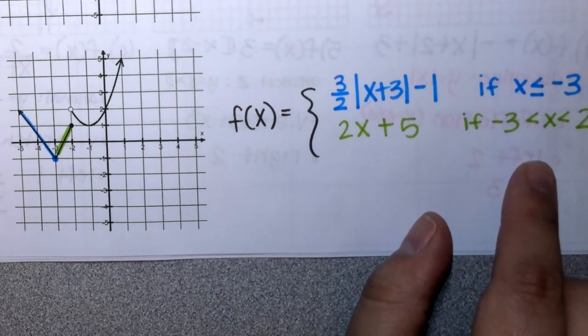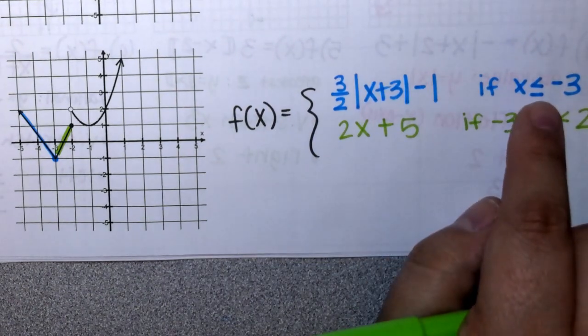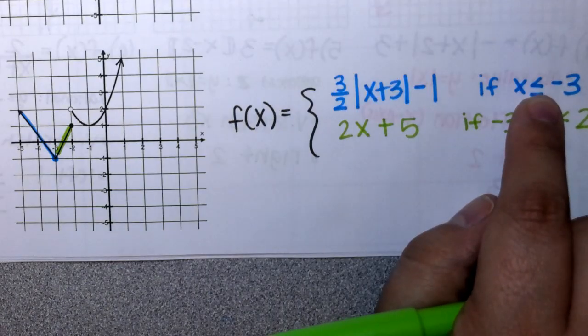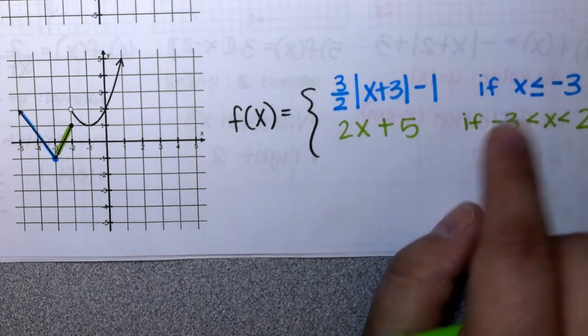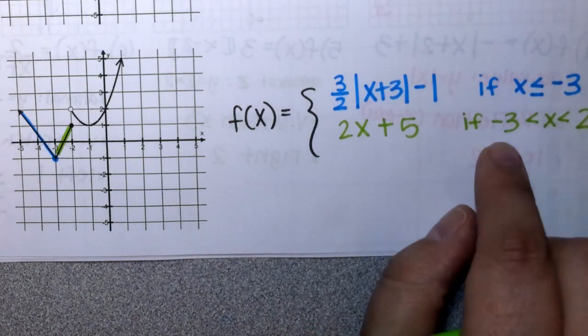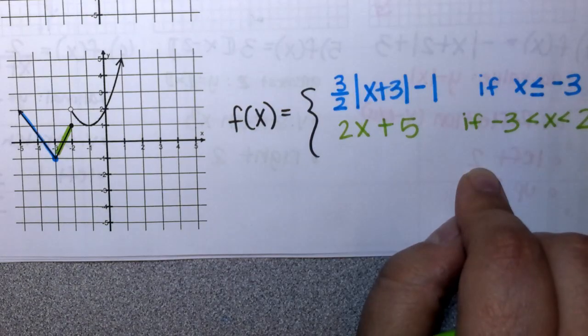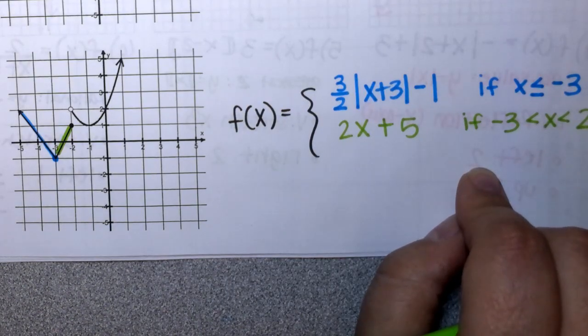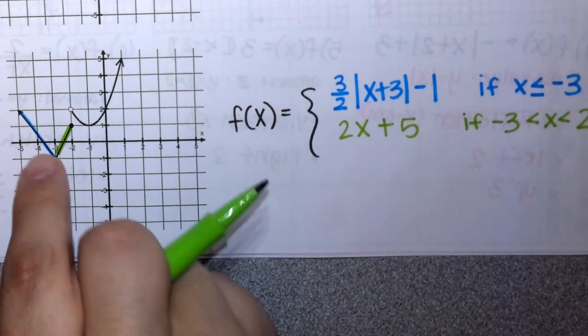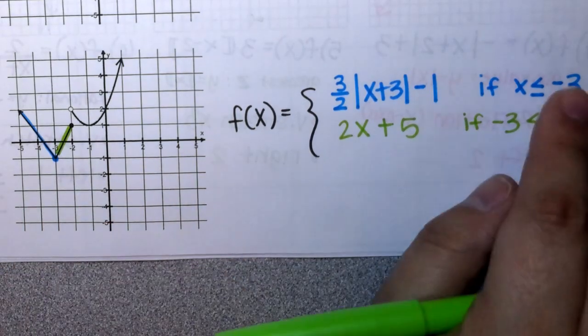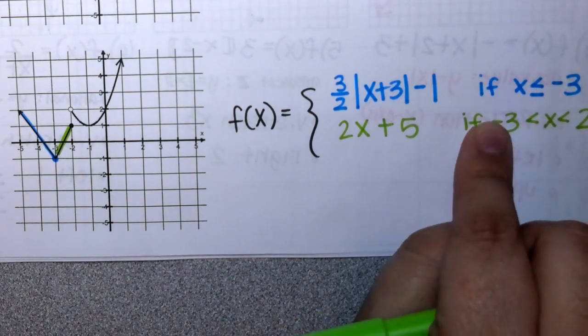Everybody look up, please. Do you see how -3 right here has a line underneath? They both cannot have a line underneath. Why? Then it would not be a function anymore. It would not pass the vertical line test because both colors are there. So if you make this one a line, this one cannot.